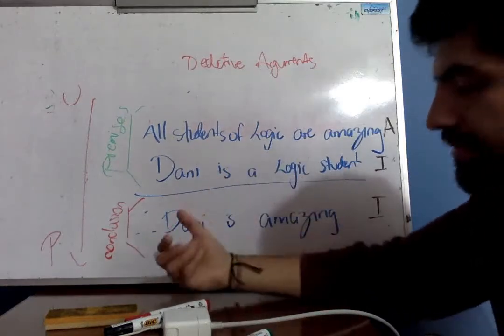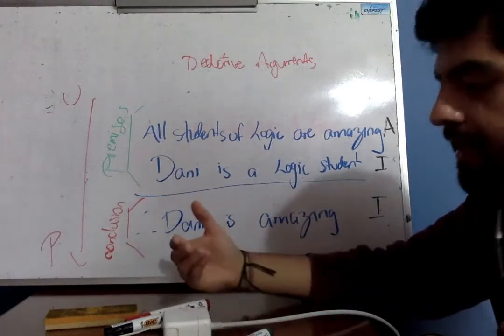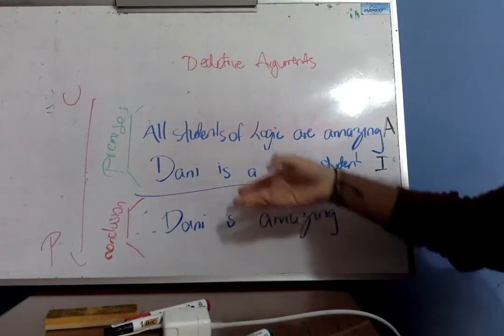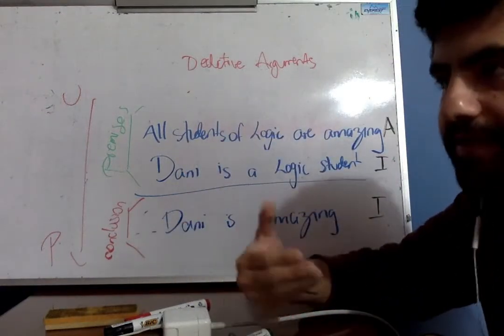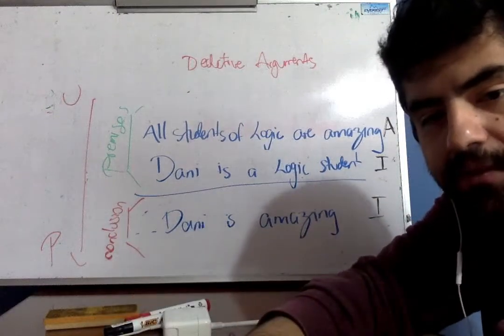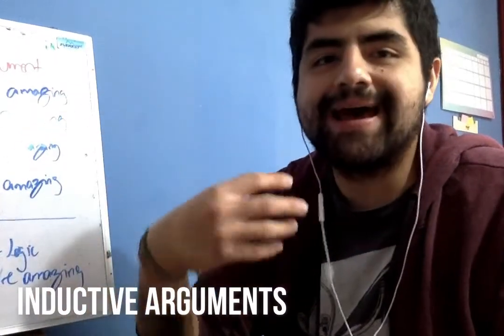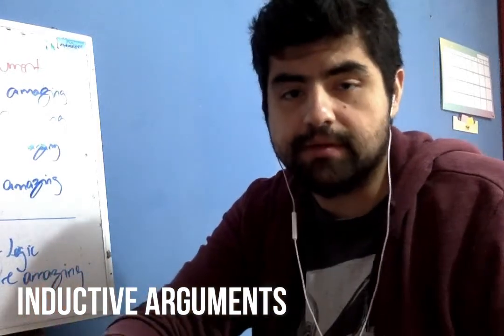This conclusion must be true. When the conclusion is true from true premises, we say that the deductive argument is valid, okay?